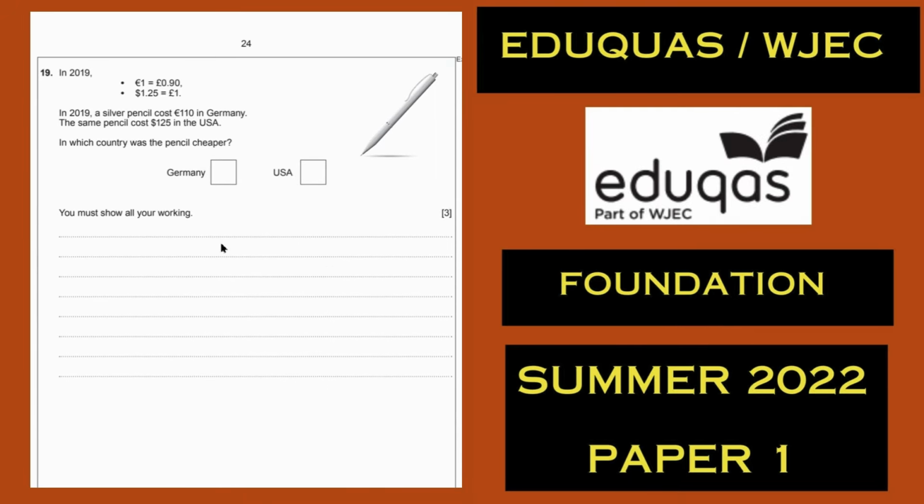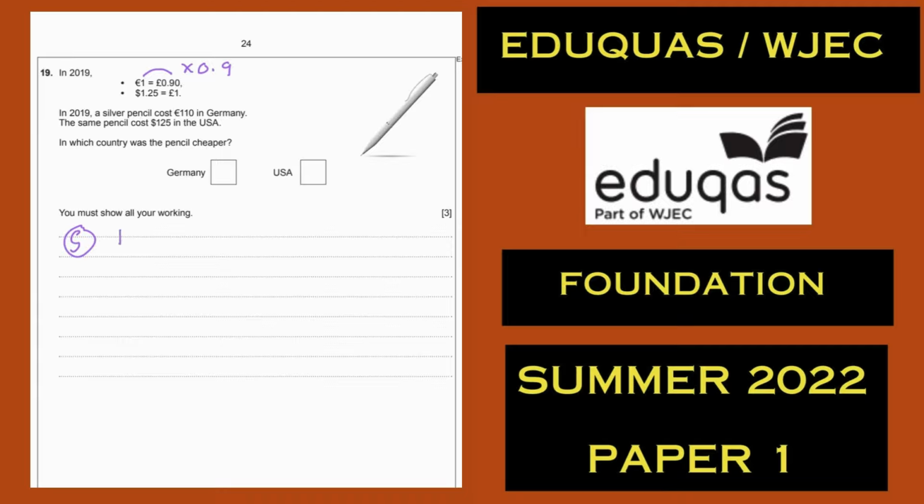Number 19, wordy waffle. One thing at a time. We're comparing Germany to USA, and what's in common? Pounds. Pounds meets in the middle. So let's start with Germany. We're going to convert euros into pounds. Our multiplier is 0.9.